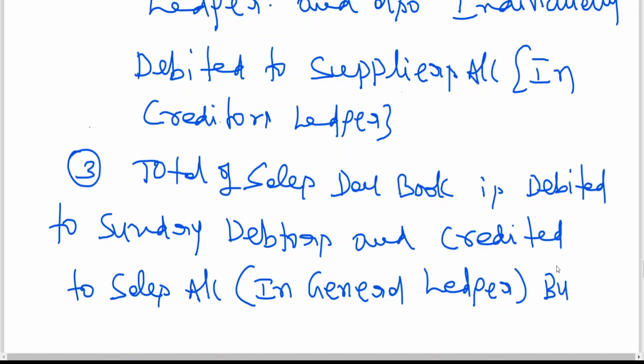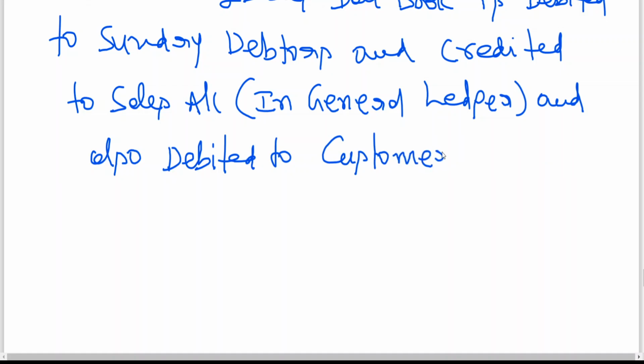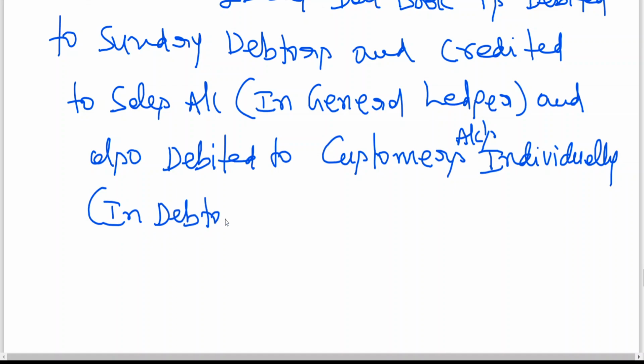And also, the name of the ledger, debtors ledger.